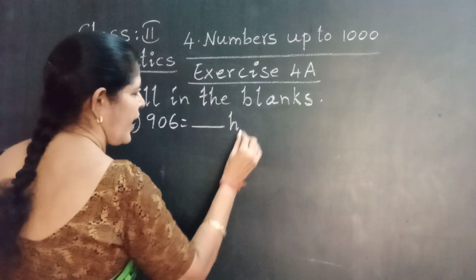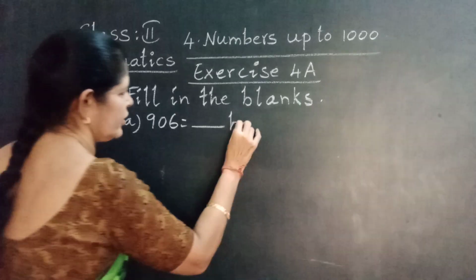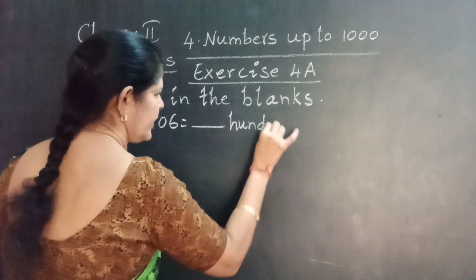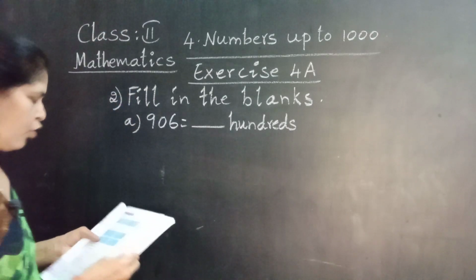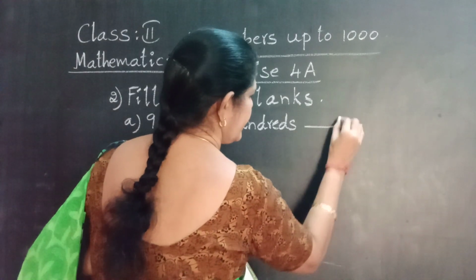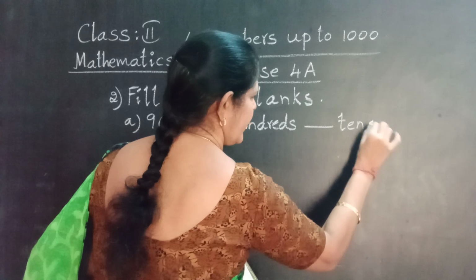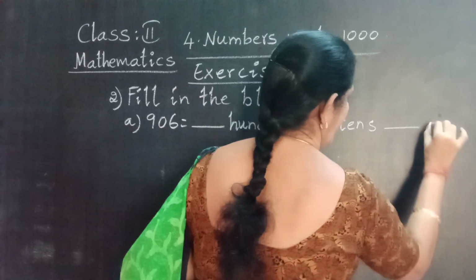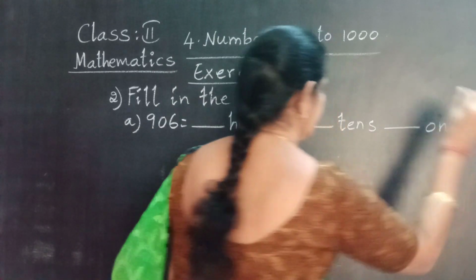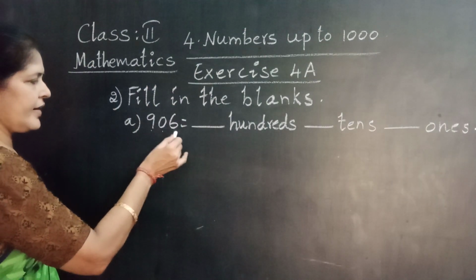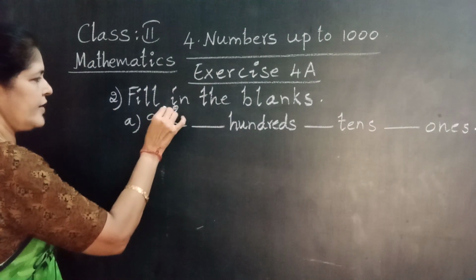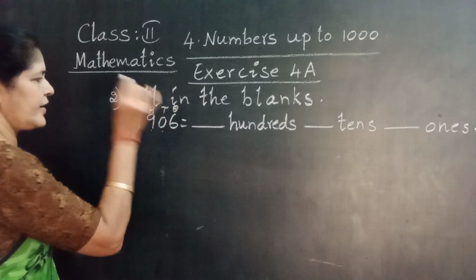In the given number, how many hundreds are there? How many tens are there? How many ones are there? The given number is 906. Ones place, tens place, hundreds place.